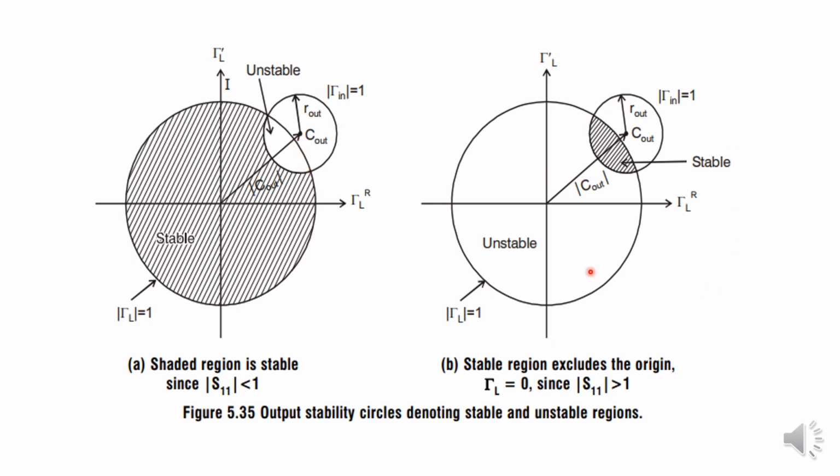Here it is just opposite: when |S11| is greater than 1, this is the only stable region, and the remaining regions are unstable. So this diagram represents output stability circles with the stable and unstable regions.